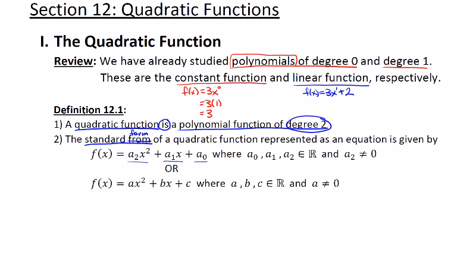The a2, a1, and a0 are all real numbers, provided that a2 is not allowed to be 0.